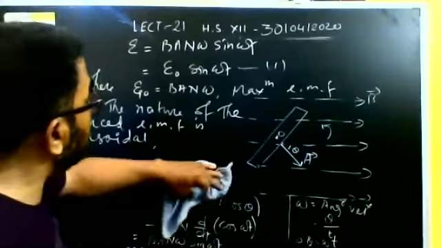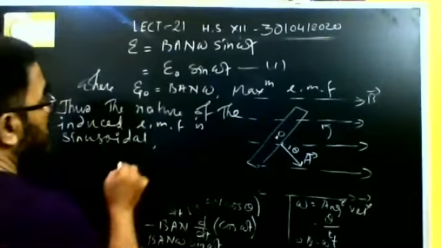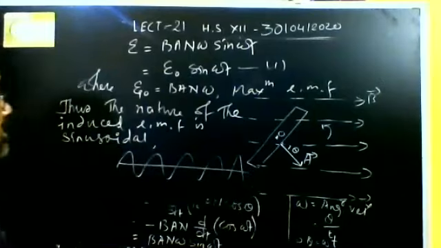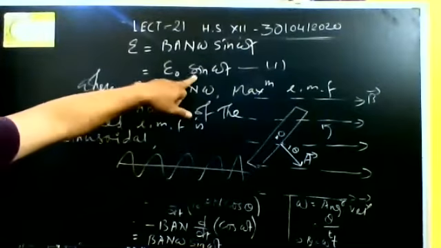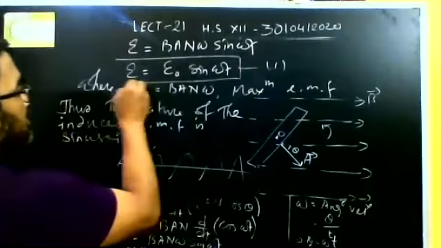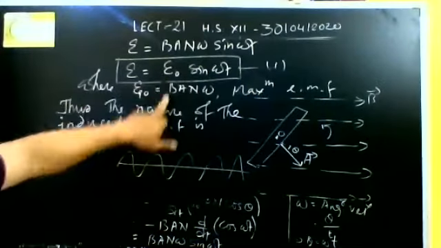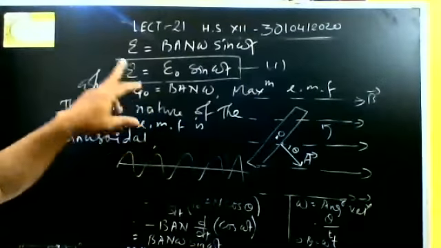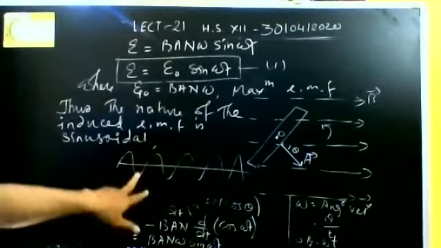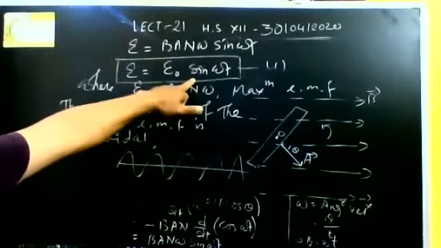What does it mean? It means that this will be like this sine curve, ups and down, because it consists of sine. Okay, from this we can conclude that the nature of the induced EMF that will be produced will be a sine curve, because sine is there.